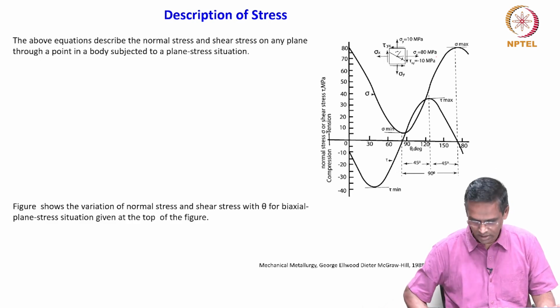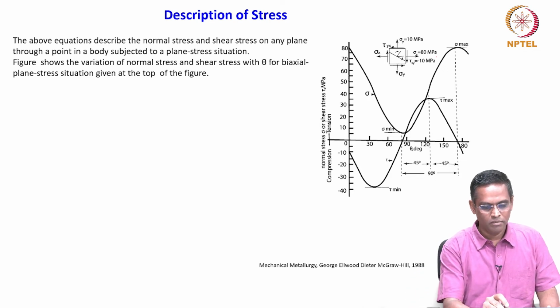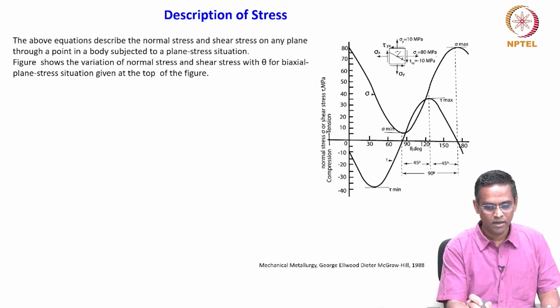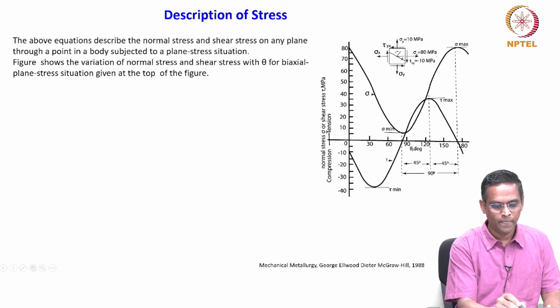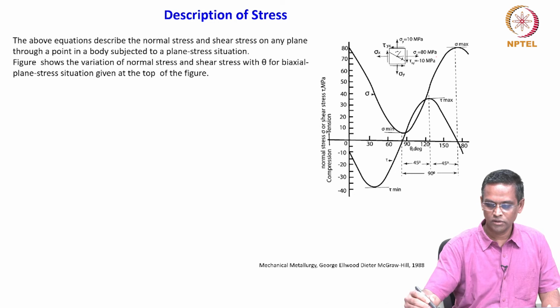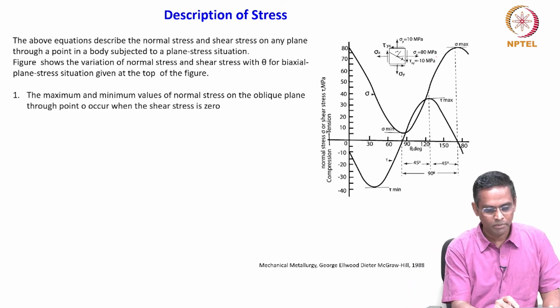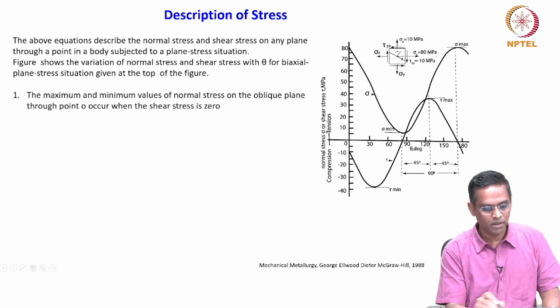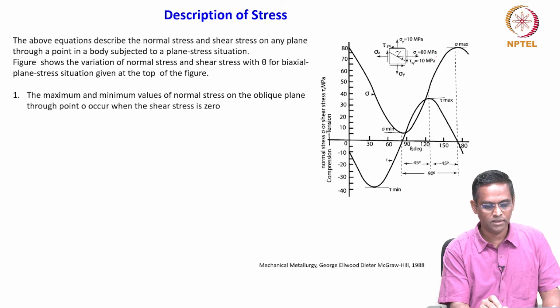So, what is it that we are seeing here? The figure shows the variation of normal stress and shear stress with theta for a biaxial plane stress situation given at the top of the figure. This is the figure we are referring to. The maximum and minimum values of normal stress on the oblique plane through the point O occur when the shear stress is 0.